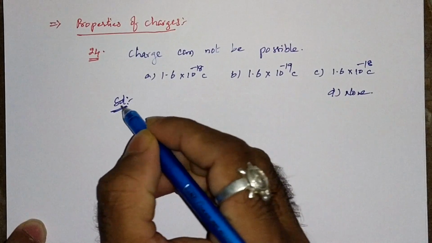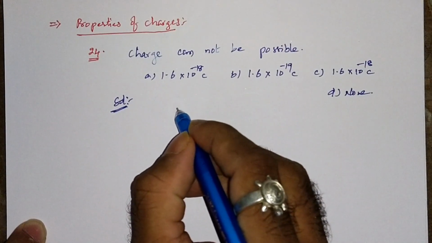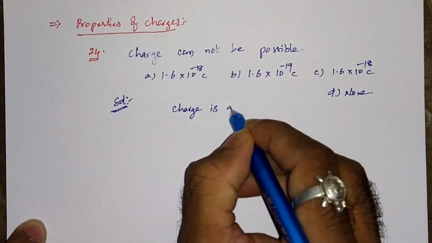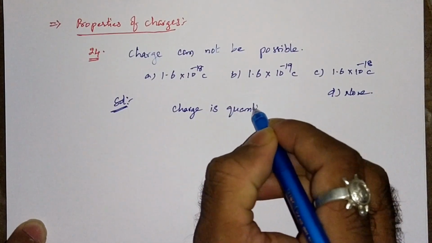It's very simple. We know charge is quantized. Already we learned this.